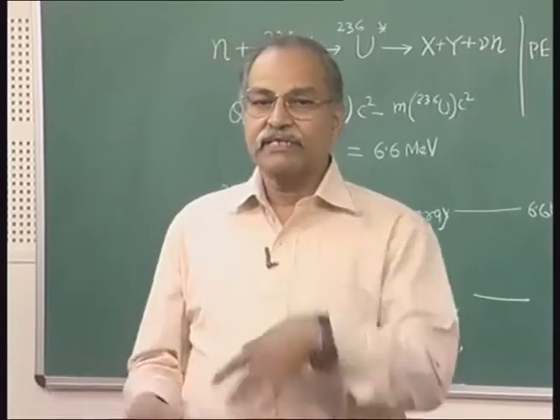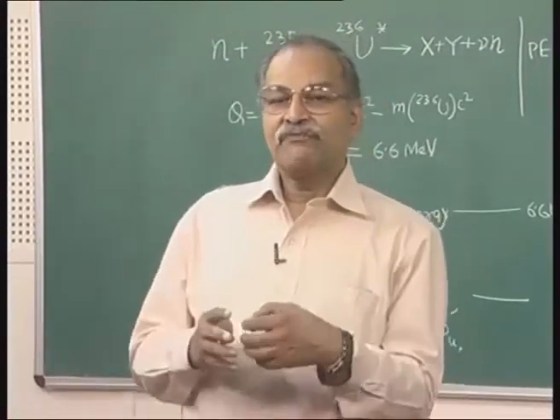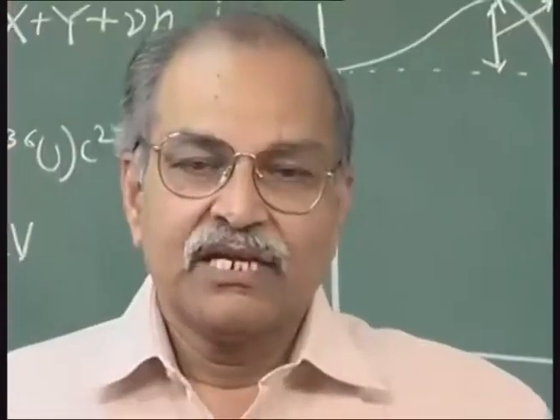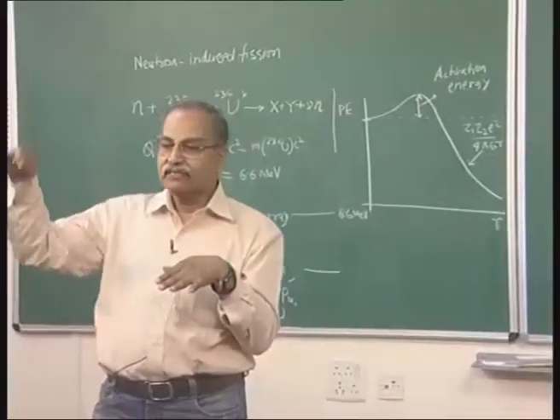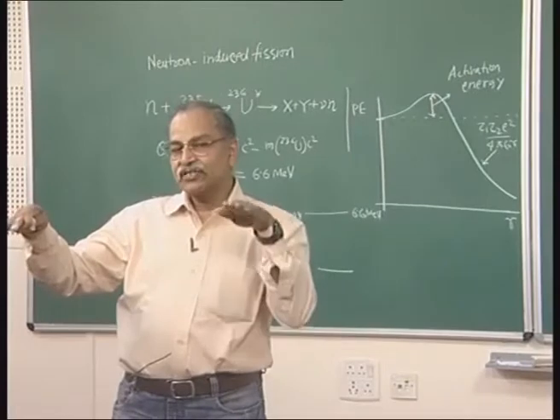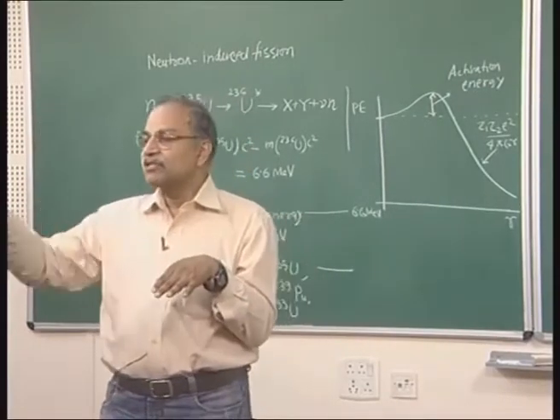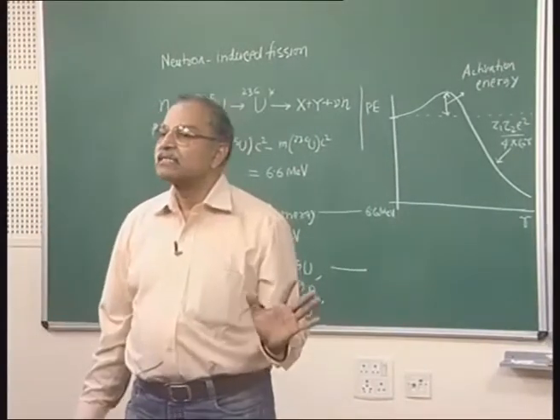So, you have a nucleus in excited state, and it can always de-excite by emitting a gamma ray. If it emits a gamma ray and thereby lowers its energy, the remaining excitation energy becomes lower than the activation energy, then the fission will become difficult, and with more gamma ray emissions, it can just come to its ground state.